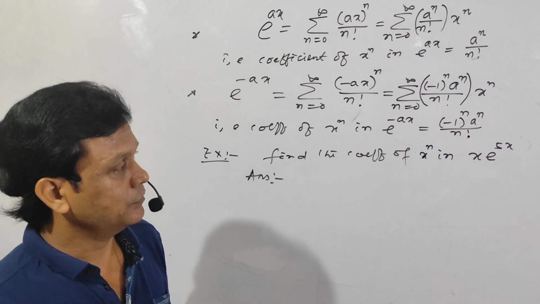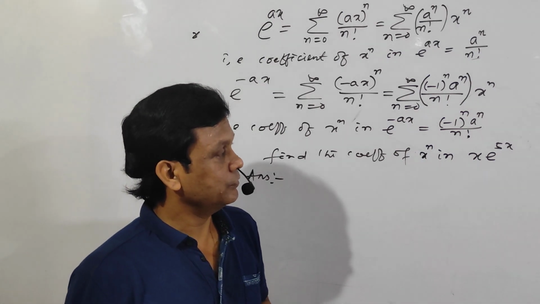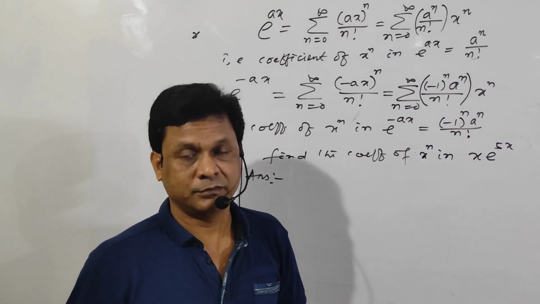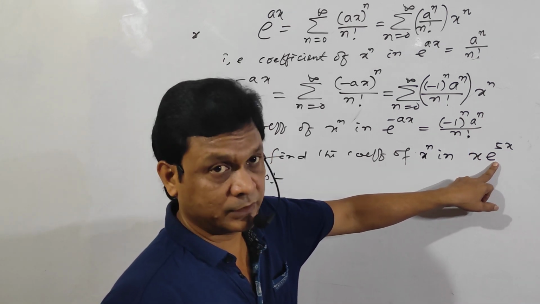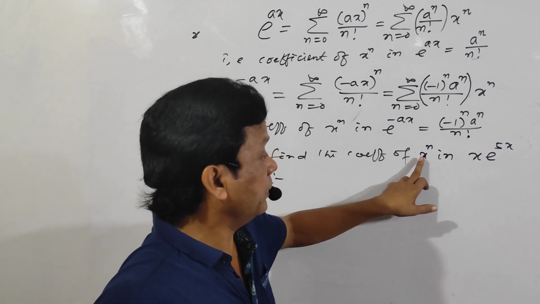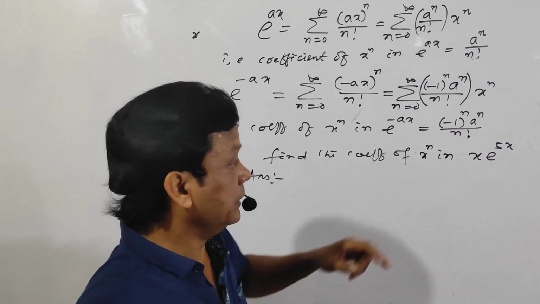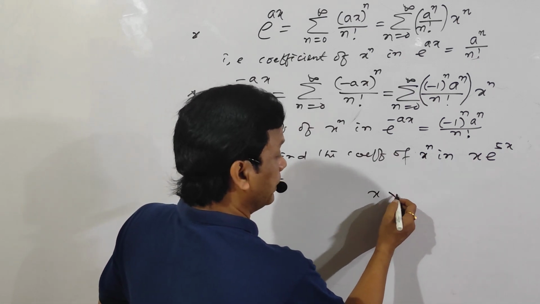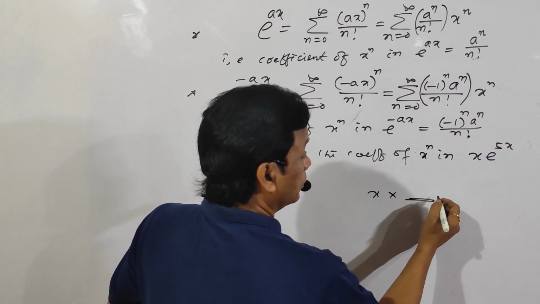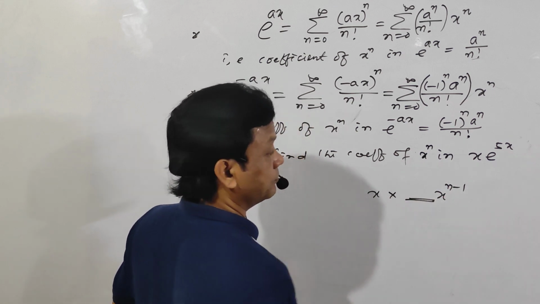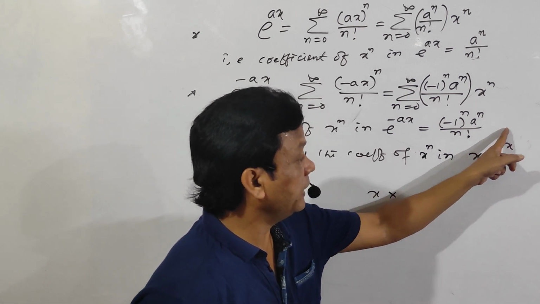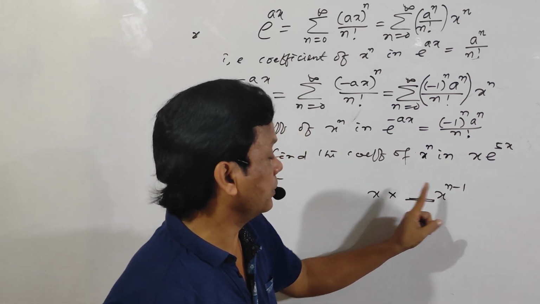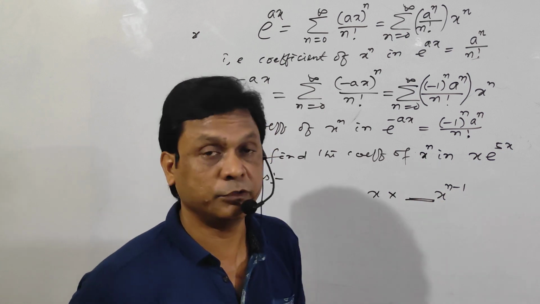See here, what is the logic? x should be multiplied with e to the 5x. After that, you should find out the coefficient of x to the n. That means x should be multiplied to the term in e to the 5x containing x to the n minus 1. So after multiplication, you will get x to the n.